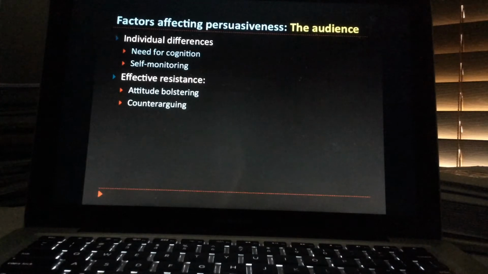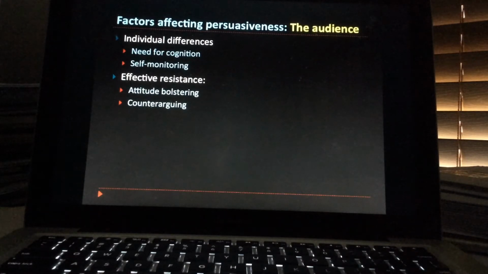We can have a little bit of a think about an audience who have effective resistance, right? So we can talk about things like attitude bolstering and counter-arguing. One of the hardest kinds of person to persuade is someone who is aware of the fact that they're about to be persuaded, right?